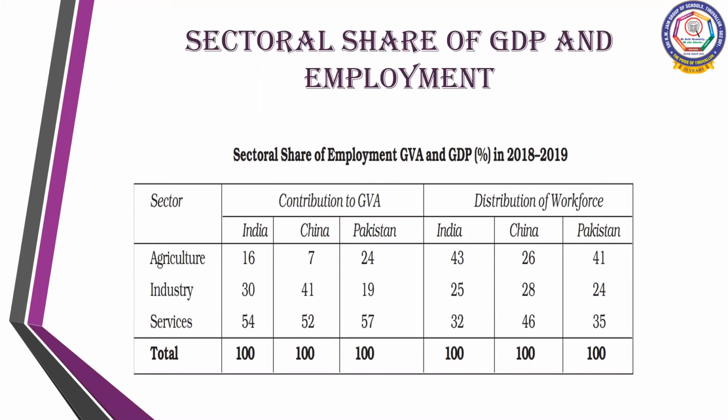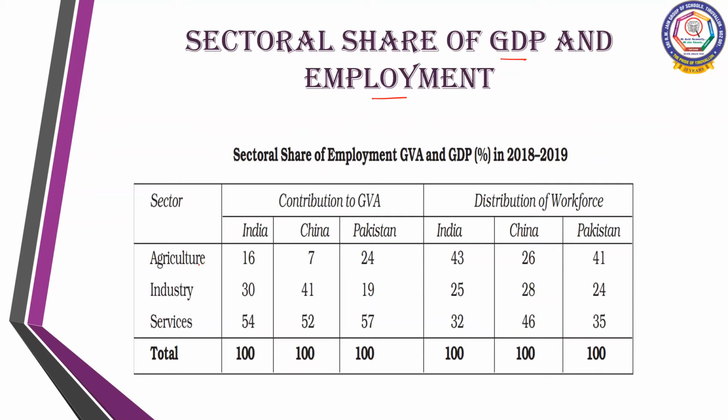The sectoral share of GDP and employment. The growth process leads to a shift in sectoral share in GDP and employment. As growth and development in the economy increases, the percentage share of the primary sector in output and employment tends to decrease, while that of secondary and tertiary sectors tends to increase.